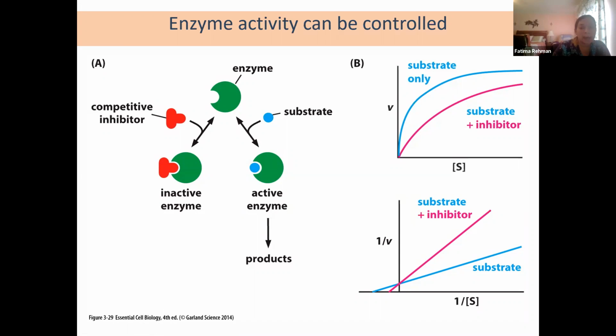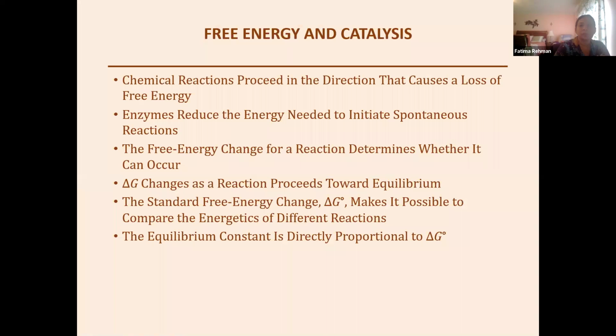It does matter what type of inhibitor you have, if it is a reversible inhibitor or an irreversible one that binds and never lets go. That's going to affect this line. So sometimes it can inhibit the reaction a lot more than just a marginal inhibition.